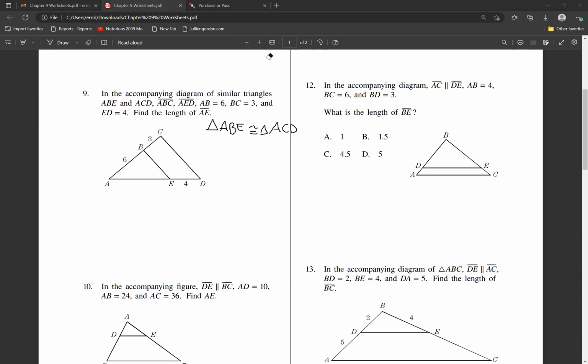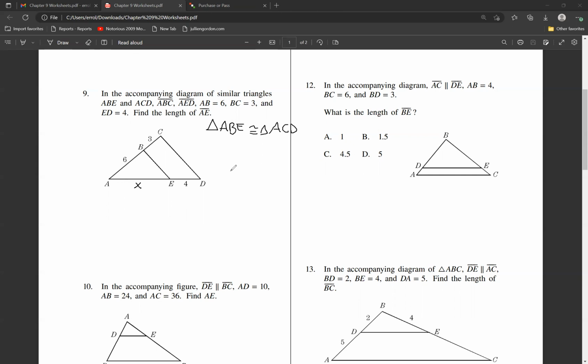So now what does it say? AB equals 6, BC equals 3, and ED equals 4. Find the length of AE. So we're trying to find this length right here. What's the ratio?